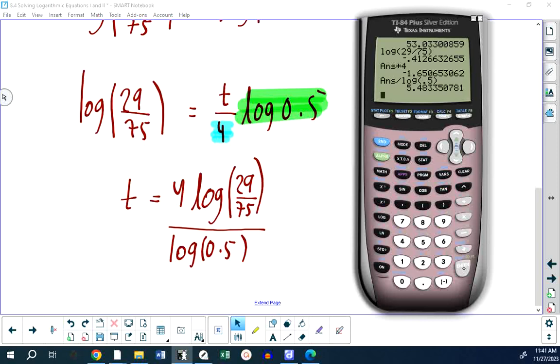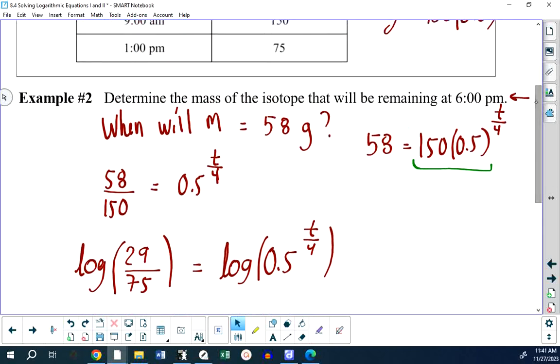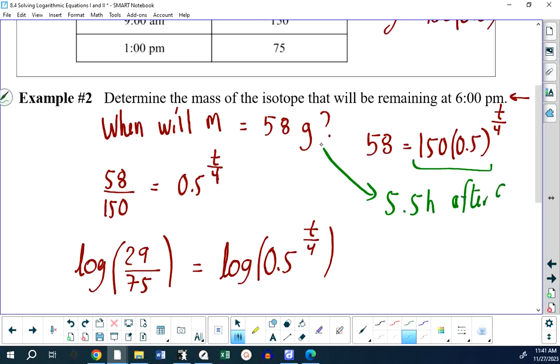So 5.48 hours, so about 5.5 hours past 9. 10, 11, 12, 1, 2, about 2:30. So the number of hours, the answer to this question is 5.5 hours after 9 a.m.